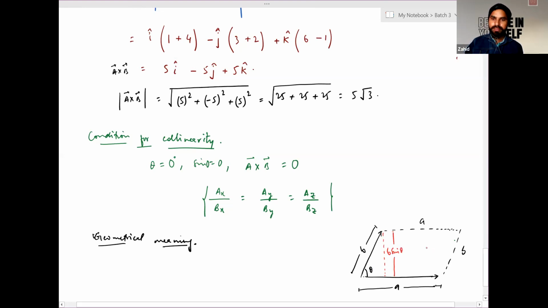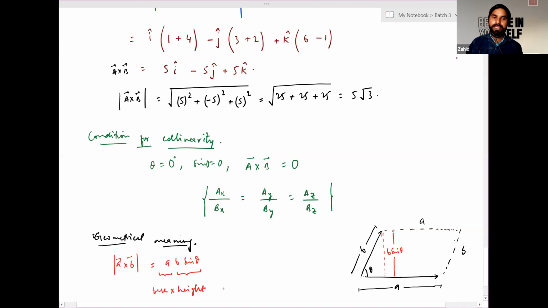Now for this parallelogram, if you calculate the magnitude of A cross B, it will be AB sine theta. A in this parallelogram is defining your base, and B sine theta is defining the corresponding height.